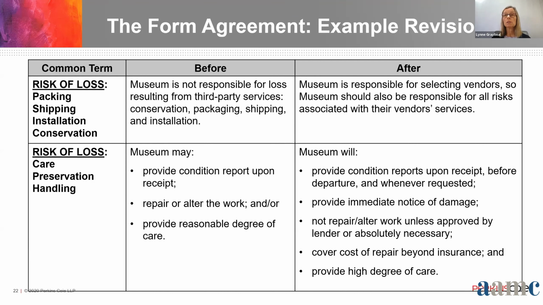And in those instances, it's not at all unreasonable for the lender to work directly with those experts. But in situations where the museum is the one that's taking the lead on conservation, on shipping, on any kind of other third-party services, the agreement should provide that the risk does not shift back to the lender during that time.